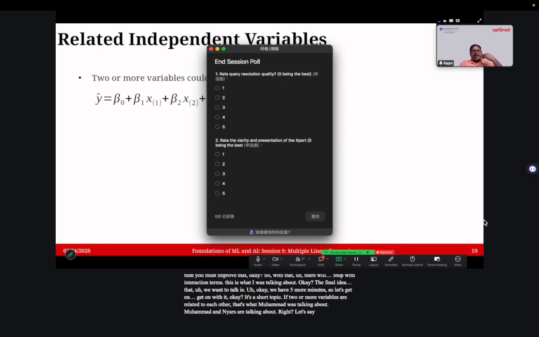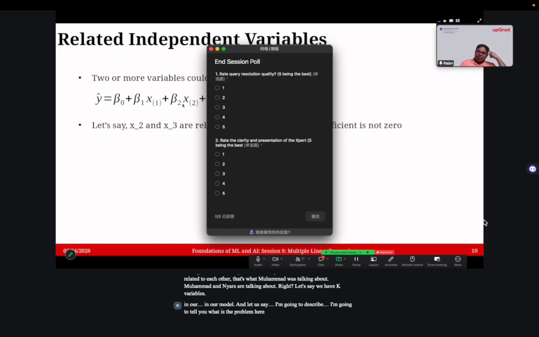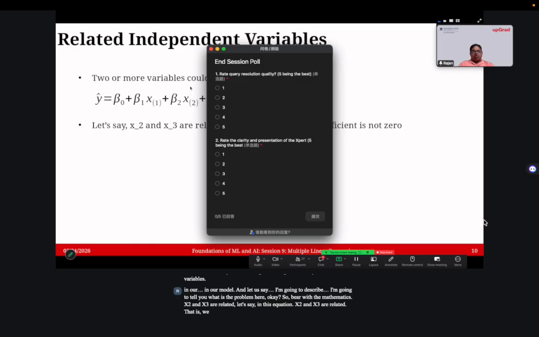Let's say we have k variables in our model, and I'm going to tell you what the problem here is. Back with the mathematics, let's say in this equation x2 and x3 are related. That is, we find the correlation between x2 and x3, and the correlation is high.